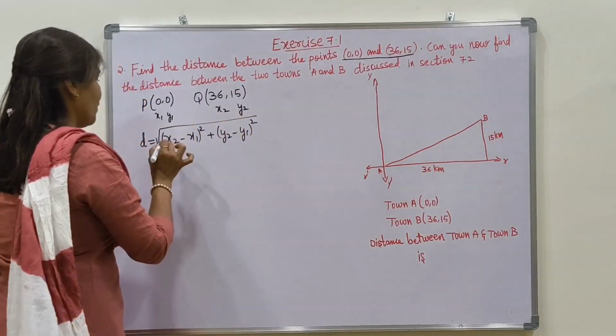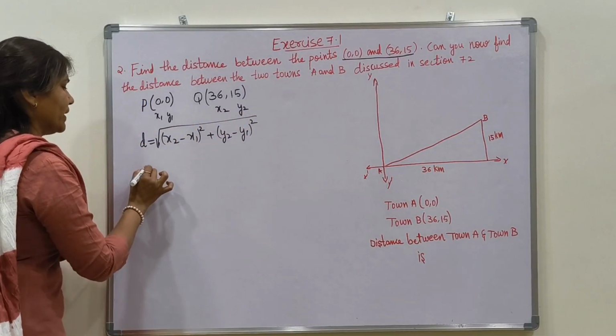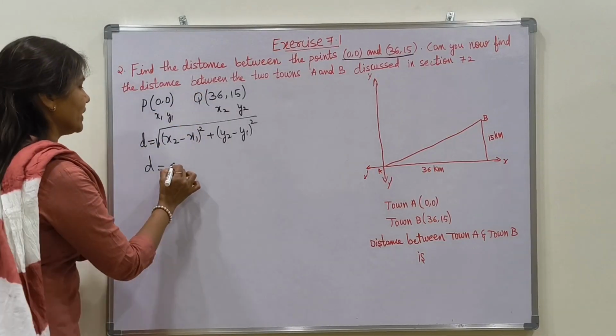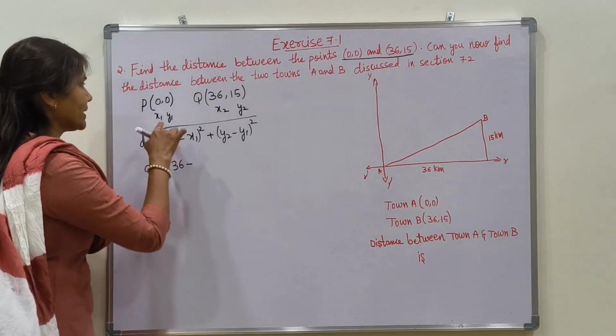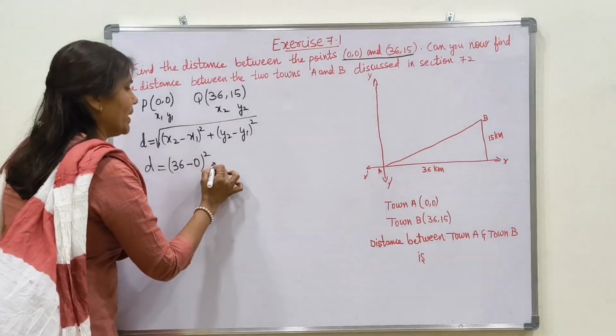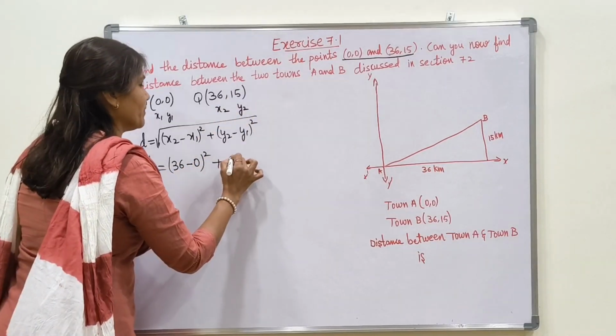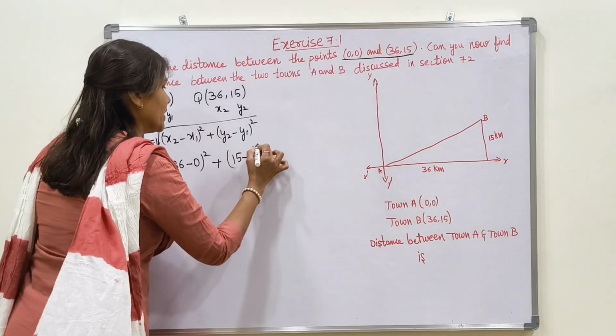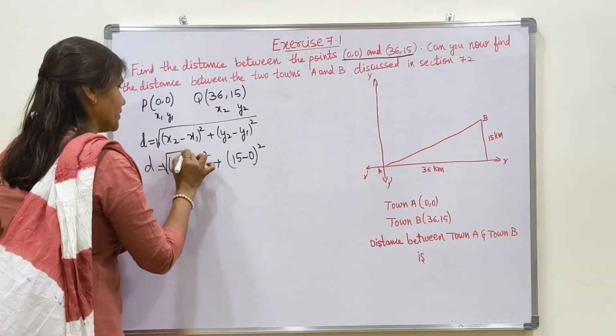Now without confusion write the values. x2 means 36, so 36 minus x1 means 0. 36 minus 0 whole square plus y2 means 15, 15 minus y1 means 0, 15 minus 0 whole square under root.